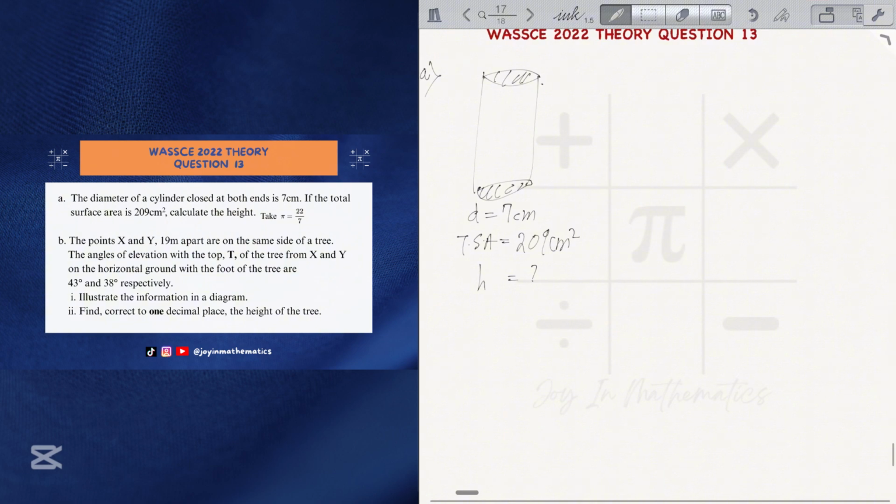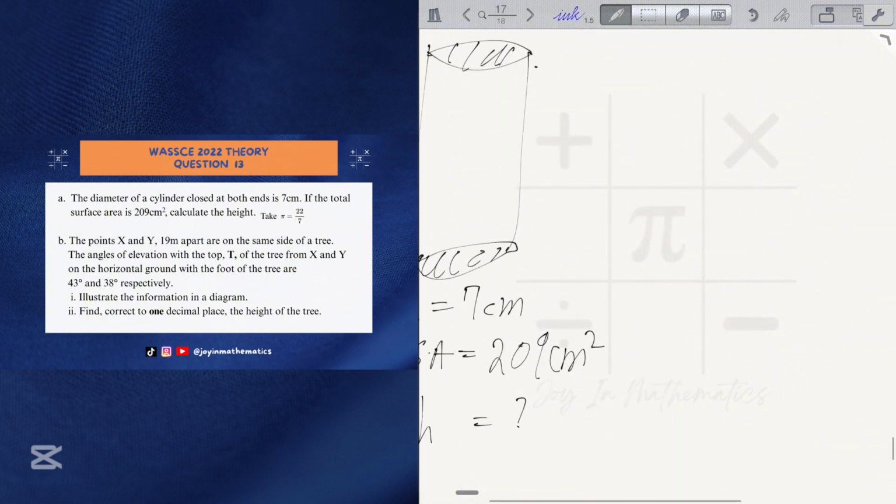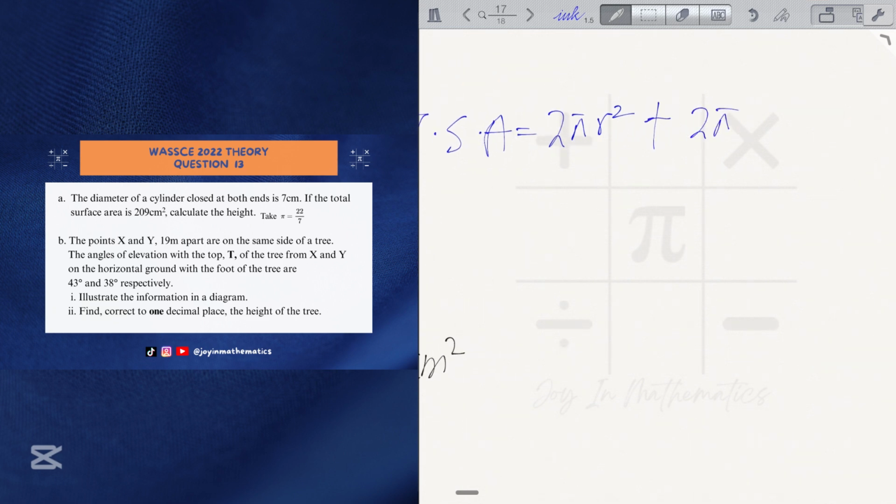Now if it is closed at both ends, the formula will be what? That means the formula is total surface area, the two circles, that's 2 pi r squared, plus the embedded rectangle, which is 2 pi rh.